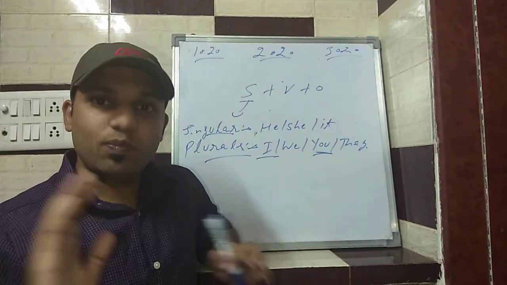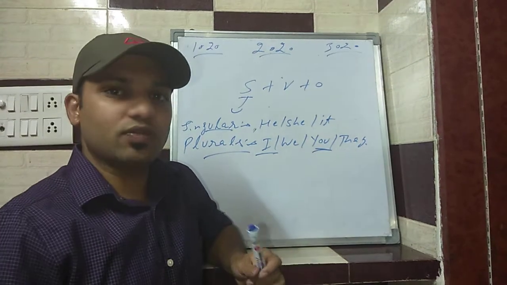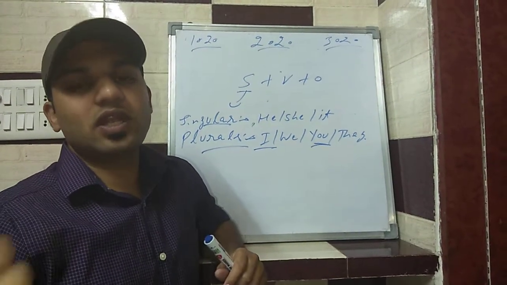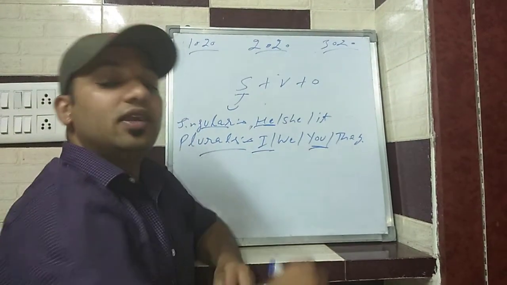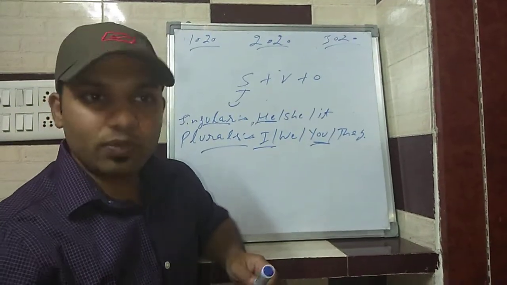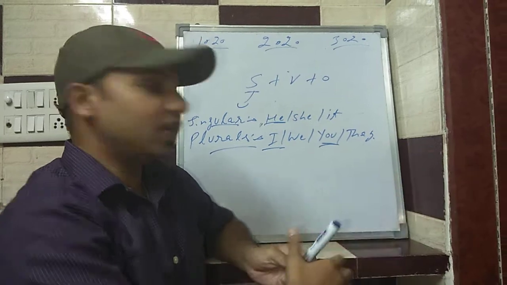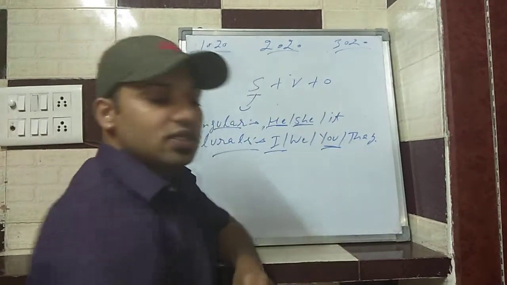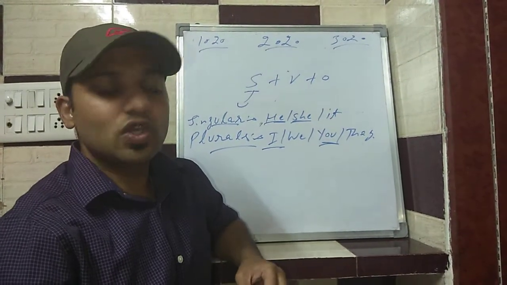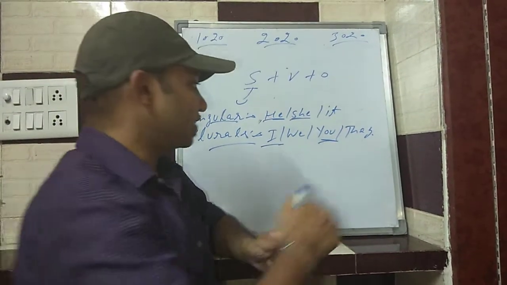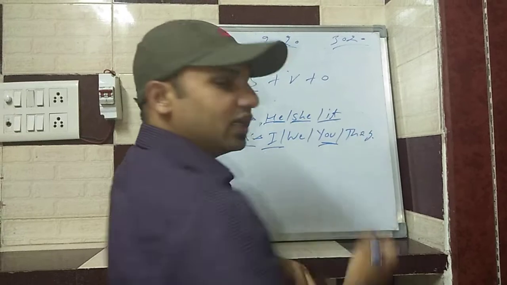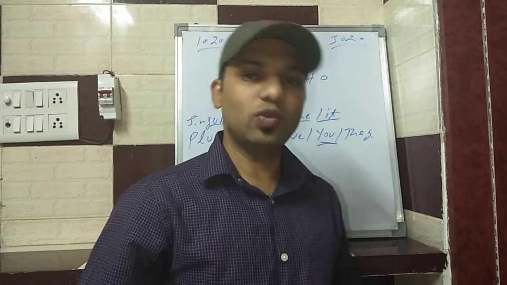But if we both talk about a third person, for example me and that person are talking about Salman Khan, so he is a third person singular. If we are talking about someone's mother, sister, friend, she is a third person. Or if we talk about any book, pencil or any other single object, then it is singular.